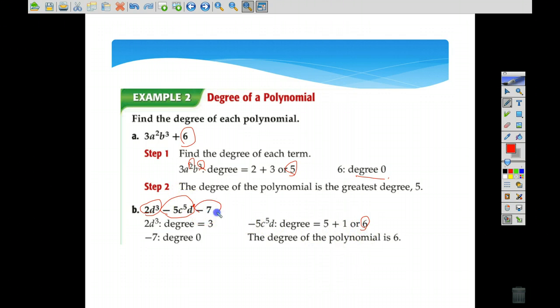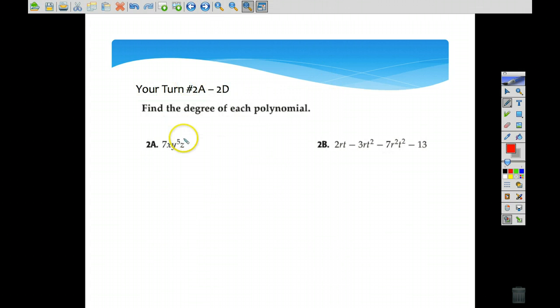A number by itself has no degree. The highest one is here, 6, so the degree of the polynomial is 6. It's always the highest degree. Okay, here's your turn. Find the degree of each polynomial.